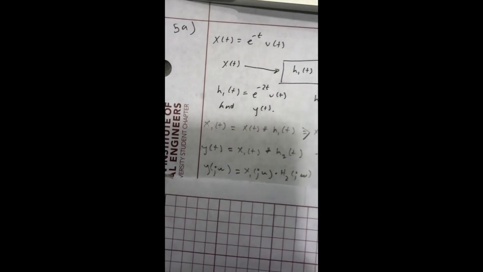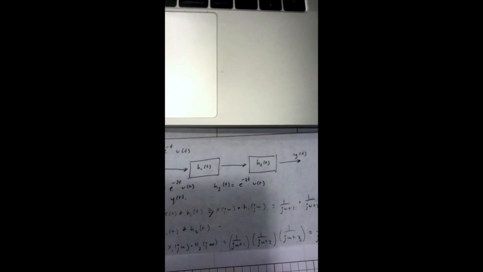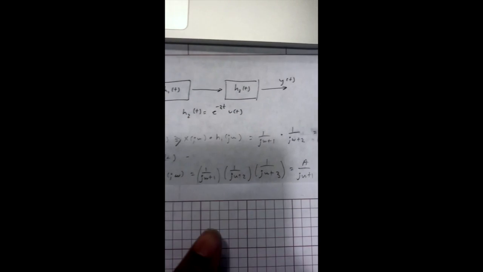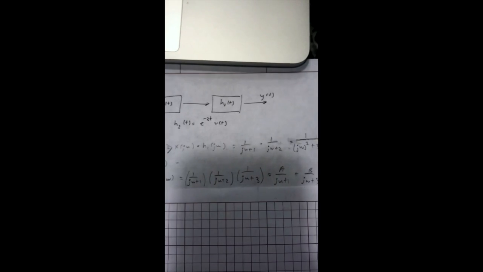So basically y of j omega is x1 of j omega, which is the output of the first system, times h2 of j omega, which is the Fourier transform of h2 of t. And here you recognize that you're just multiplying 3 expressions.